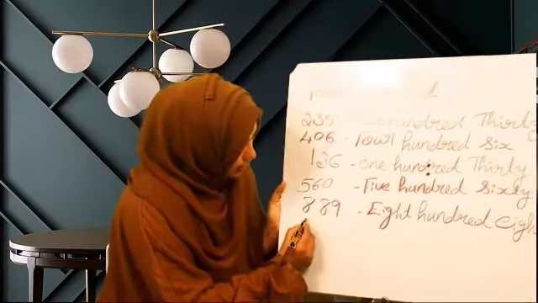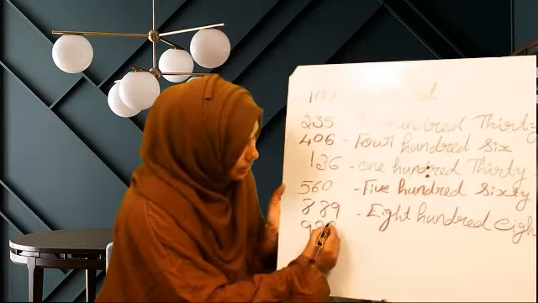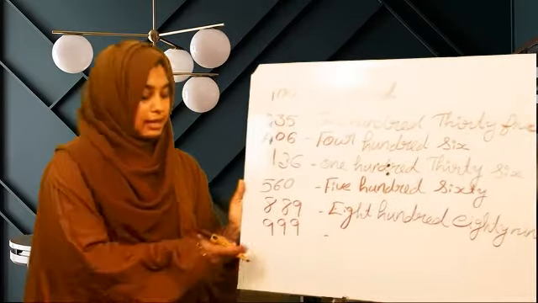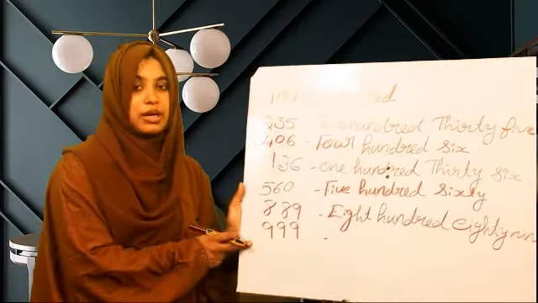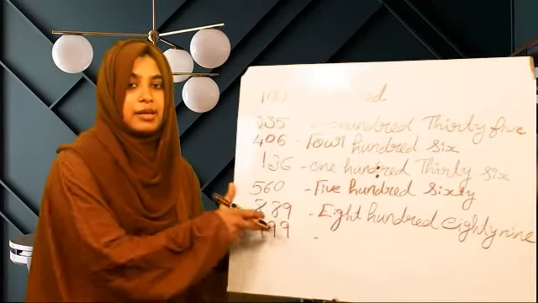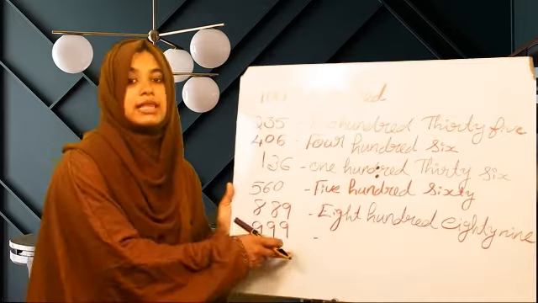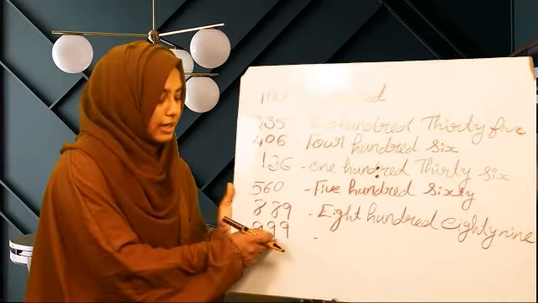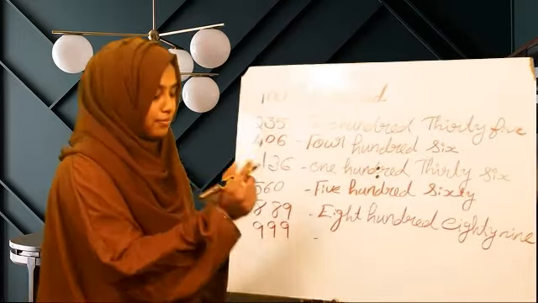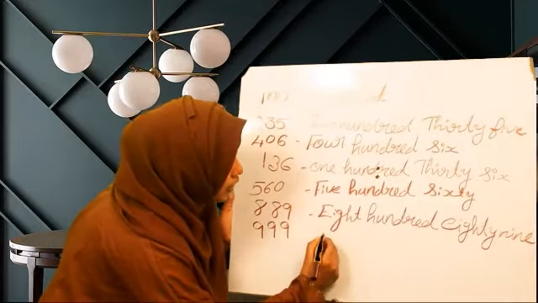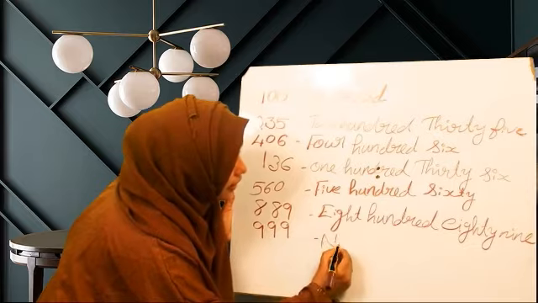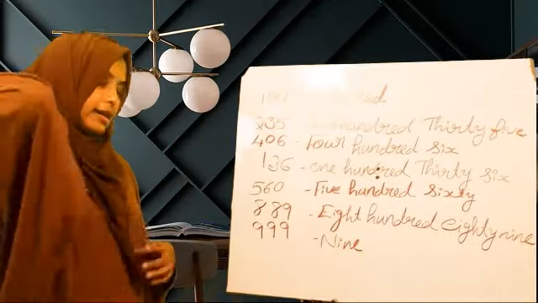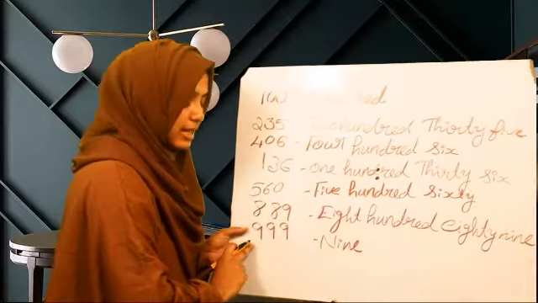Then next, 999. What is the specialty of this number? 999 is the biggest 3-digit number. How do we write 9? N-I-N-E, 9. We already studied the spelling of 9.